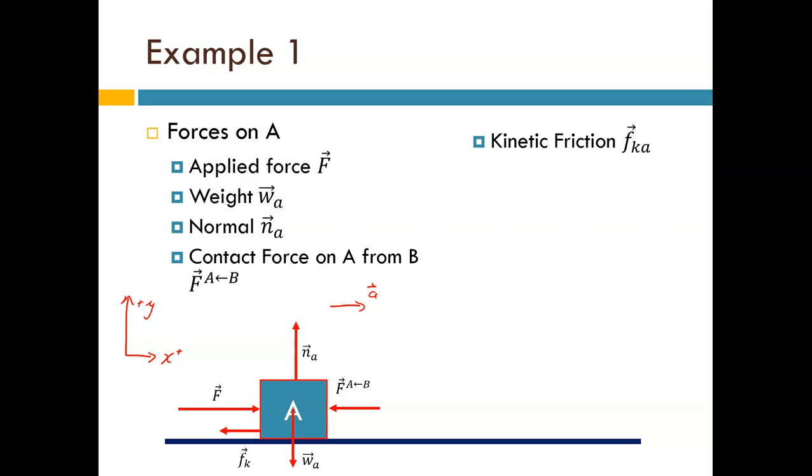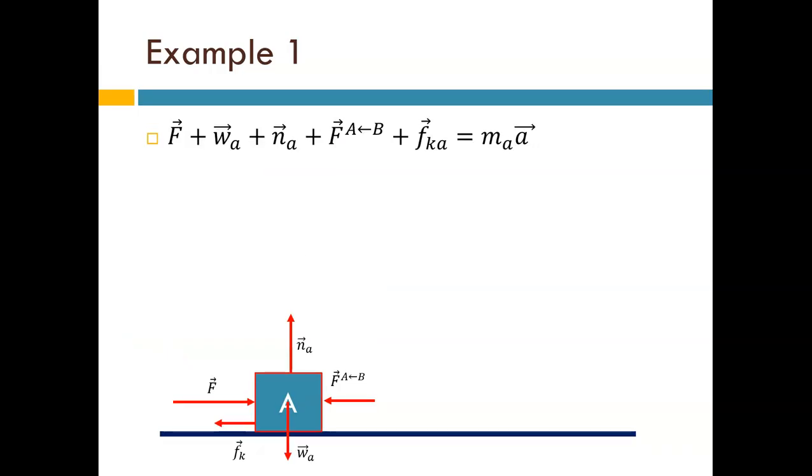We know the forces. We have an acceleration. What's the relationship between forces and acceleration? Net forces cause mass to accelerate, or net force equals mass times acceleration. So now all I've got to do is write out net force equals mass times acceleration, my vector equation. How hard is it to write this vector equation?